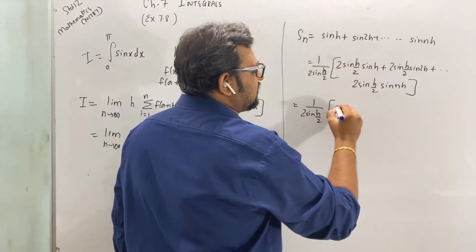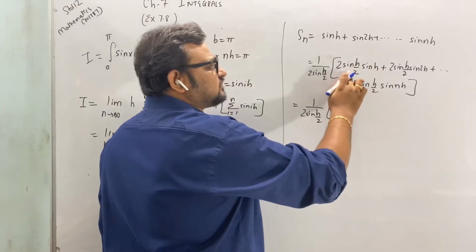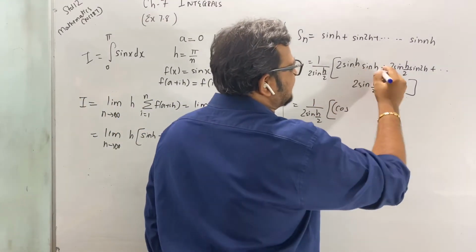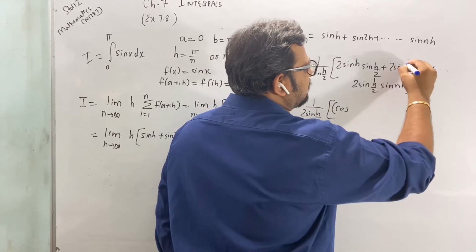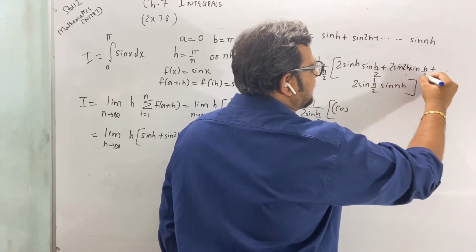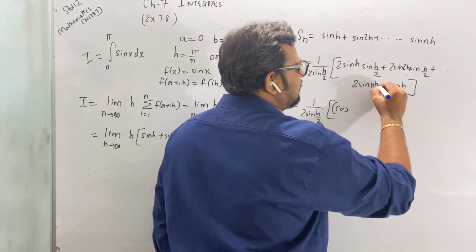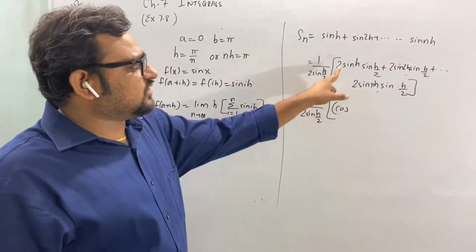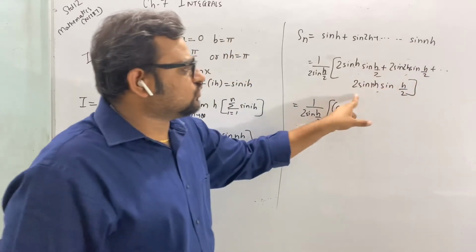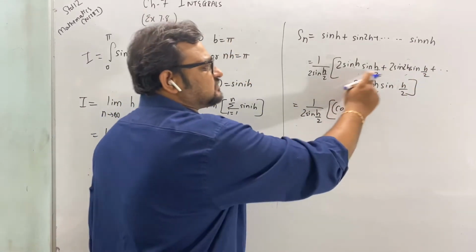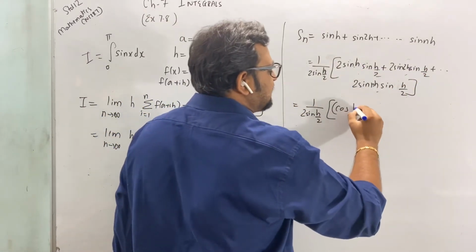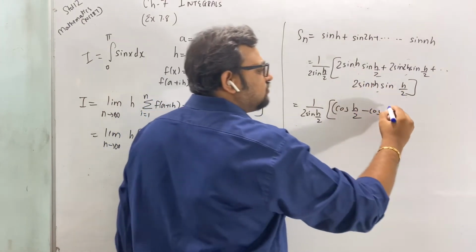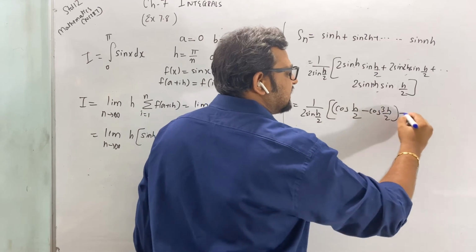This will be cos h by 2 minus h, or else I just rearrange it, so it's easy to subtract. Dividing by 2 sine h by 2: h minus h by 2 gives cos h by 2, minus cos h plus h by 2, which is 3h by 2.